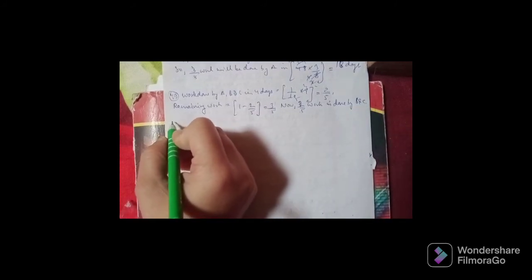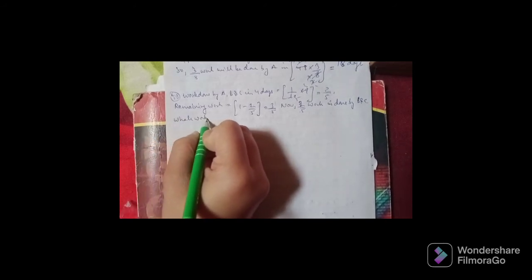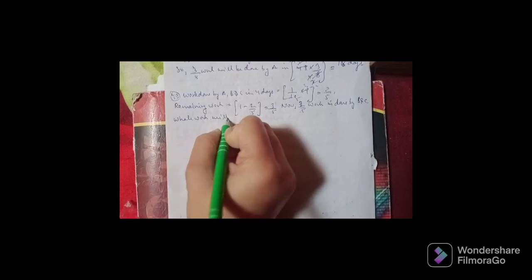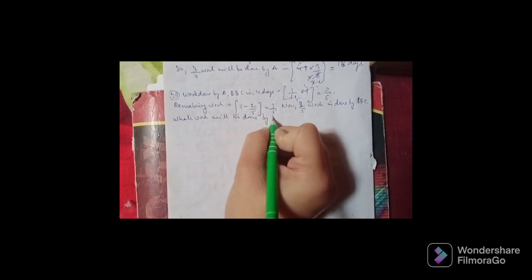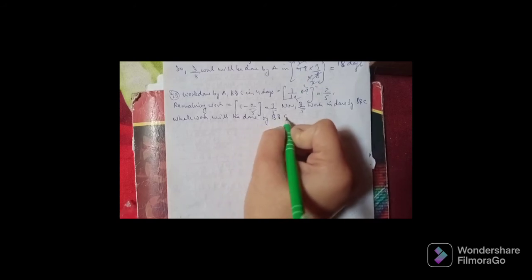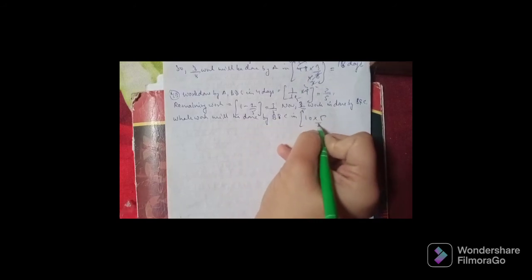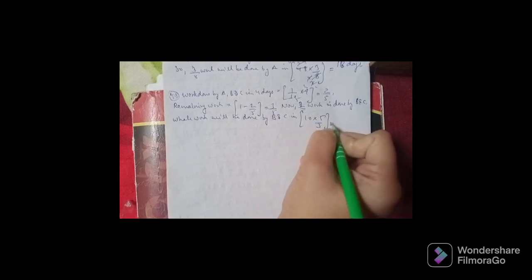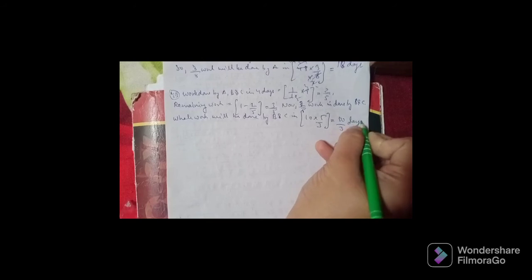Now the whole work will be done by B and C in 10 into 5 by 3, which is 50 by 3 days.